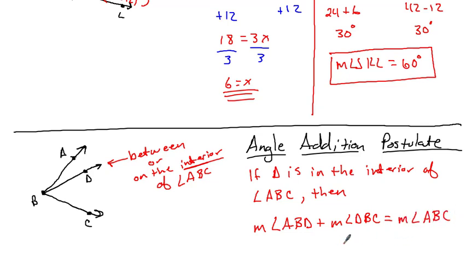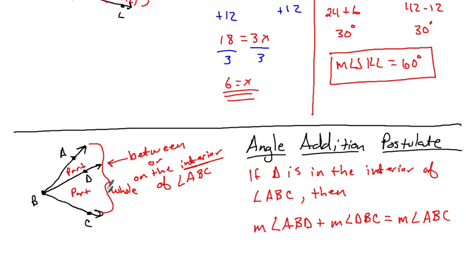Now, just write it down, because I know when you read that it may not make a lot of sense, but what it's saying is the same thing as our segment addition postulate, that this part plus this part equals this whole.